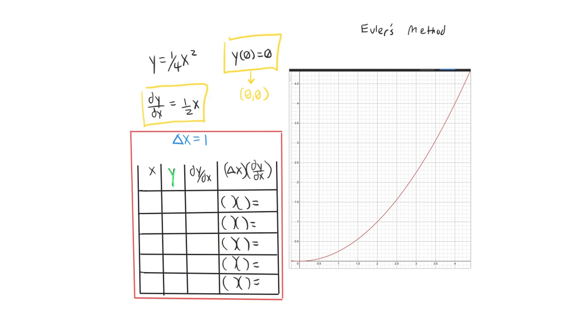We don't have this, and we don't have this either, but we only have these yellow boxes as far as information. And the question is, if we only have this differential equation and an initial condition, is that enough to actually approximate the solution curve, to approximate various points that would be on the solution curve? And the answer is yes, and that's where Euler's method comes into play. All right.